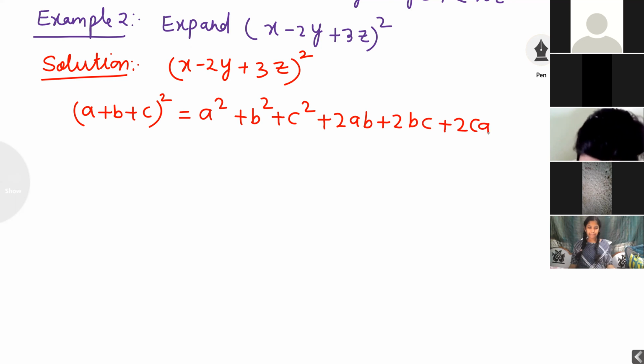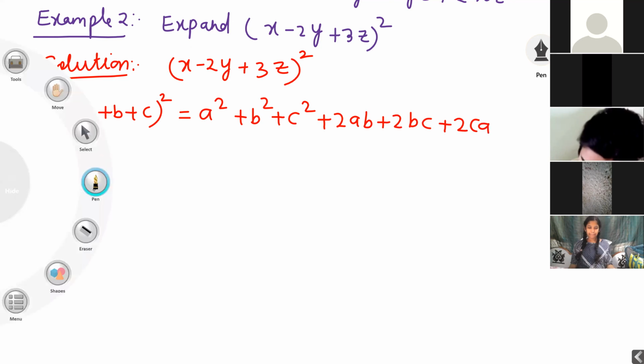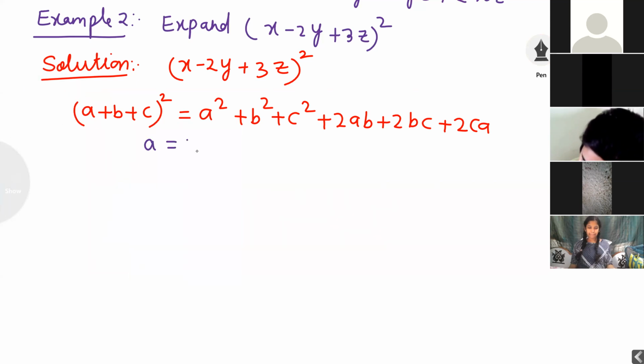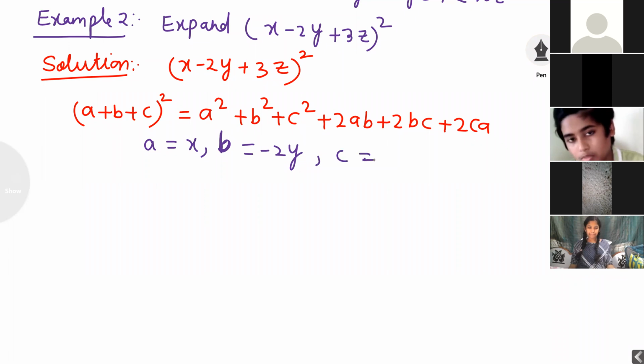The value of a is x, the value of b is minus 2y, not plus 2y, minus 2y. The value of c is equal to 3z. Now this value I want to substitute in the given identity.